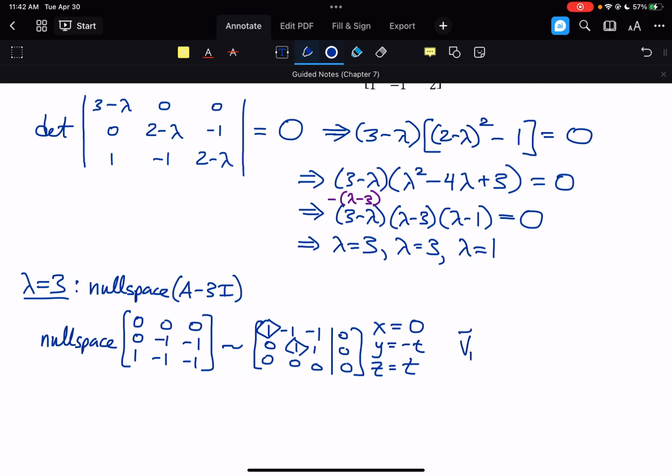So our first eigenvector, so let me label this, it's lambda 1, and v1 will be 0, negative t, t, or t times 0, negative 1, 1.